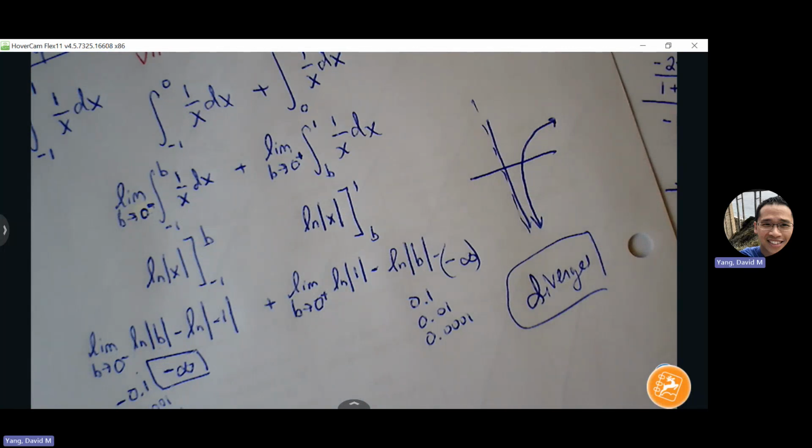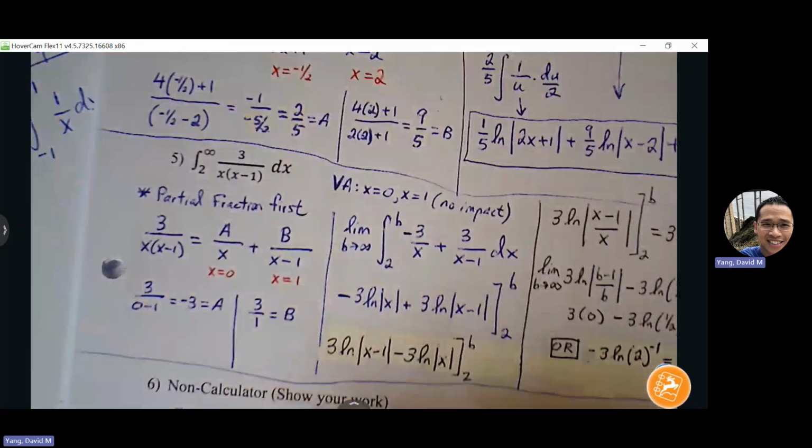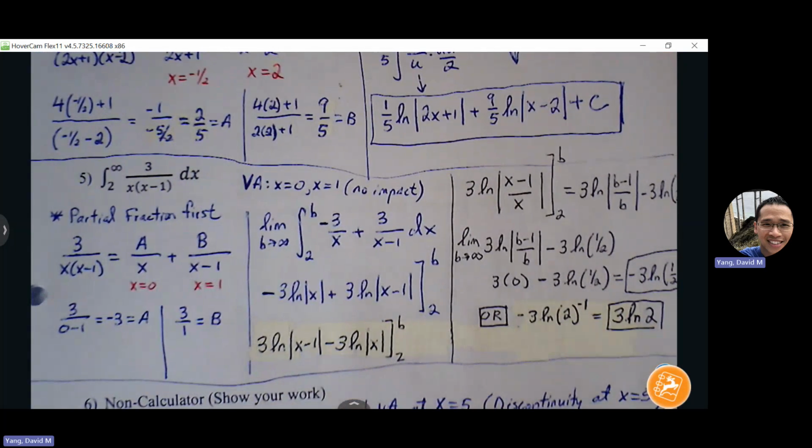Mr. Yang, for natural log over exponential, wouldn't it be approaching infinity? Yes, so the idea is that they're both approaching infinity, but one is approaching infinity at a faster rate than the other. For instance, I'm just giving you a very exaggerated example: if I had 1 over 10, versus 2 over 100, and 3 over 1,000, and 4 over 1,000,000.